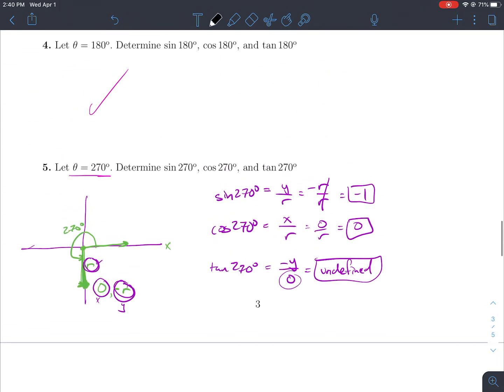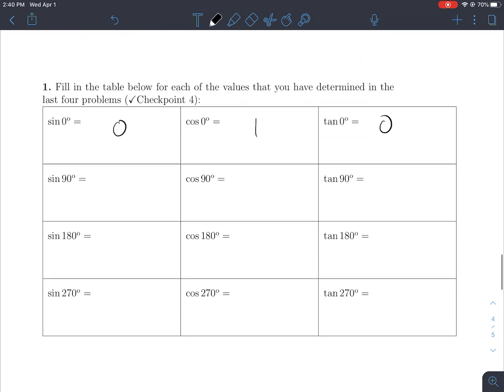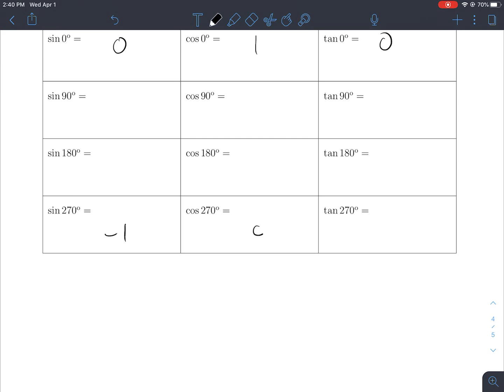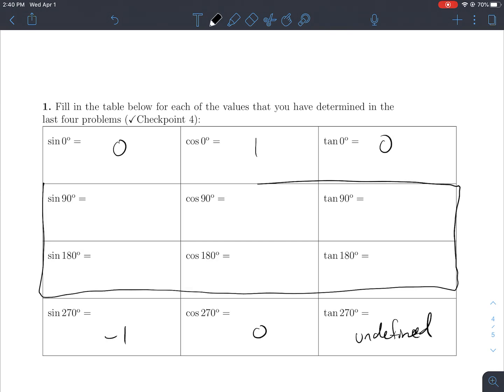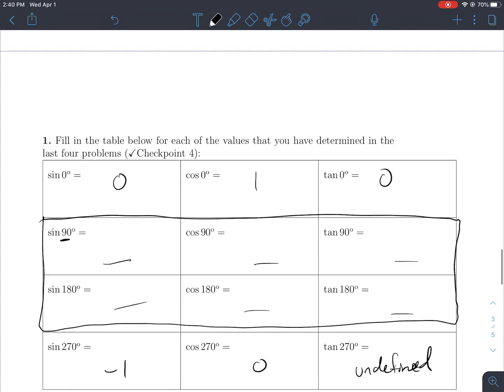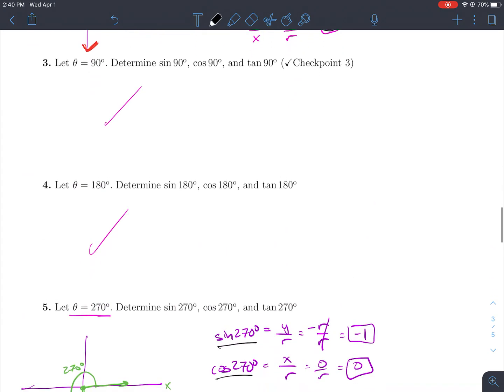For this row here, sine 270, cosine 270, and tangent 270, we plug into the table down here. And you guys will be able to fill in these 2 rows together. If you want to check your answers, you can put a calculator in degree mode and compute these things, and it should give you the exact answers that you would have found from these practice problems.